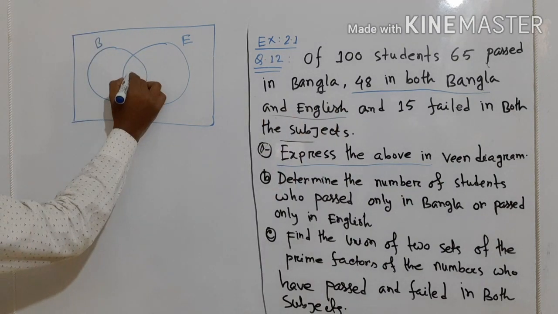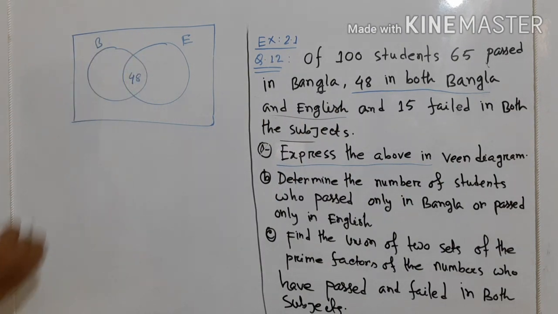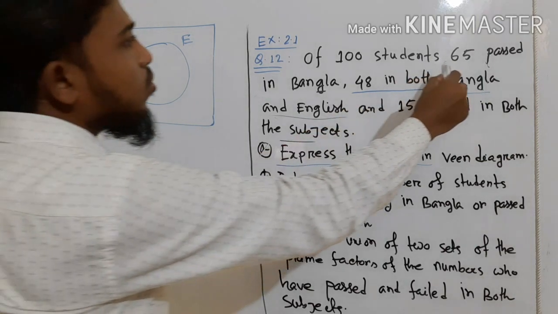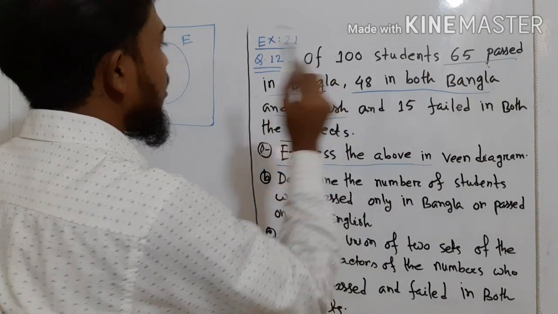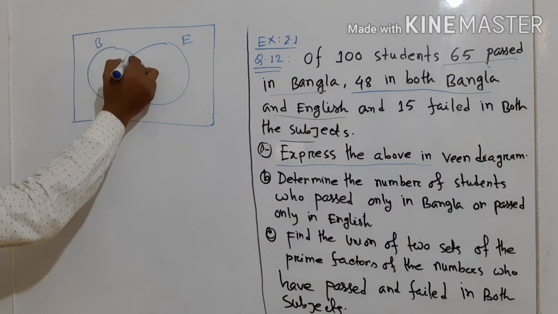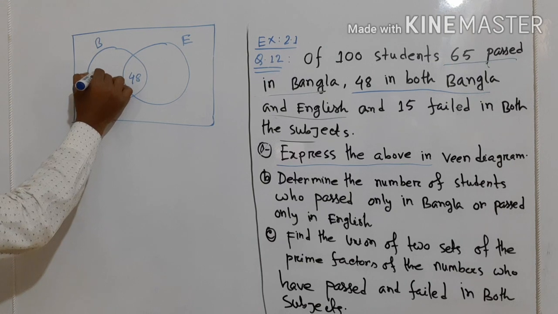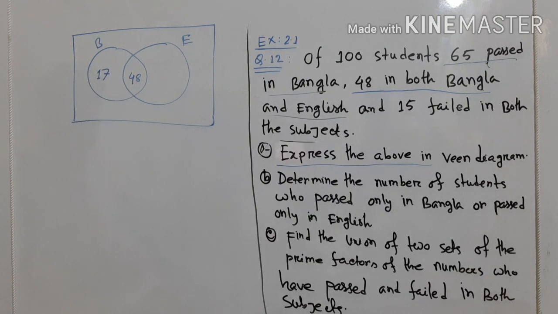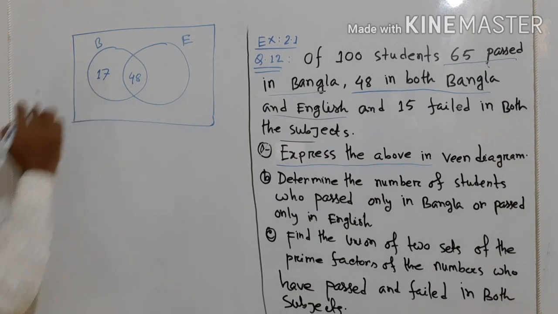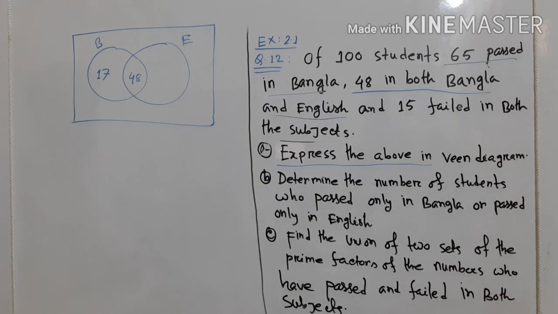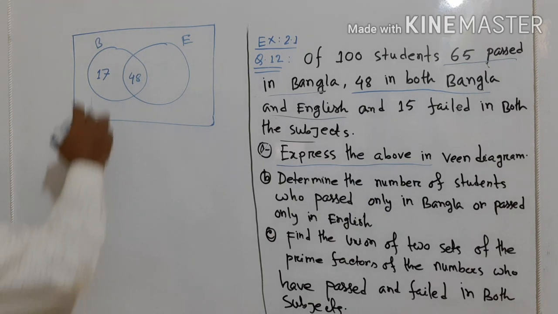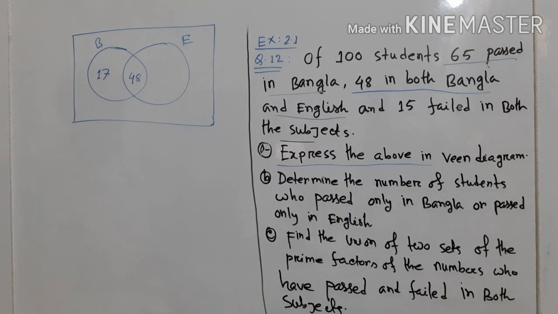So this is 48, both Bangla and English. And our given value is 65 passed in Bangla. So here we see that already 48 passed in Bangla, so 17 students only passed in Bangla. So total 17 plus 48, that is 65, passed in Bangla.